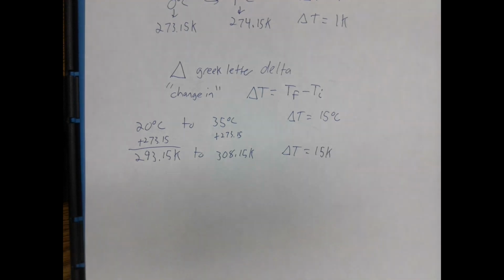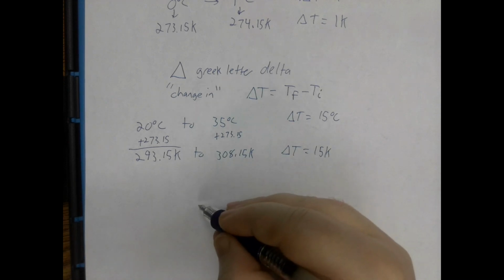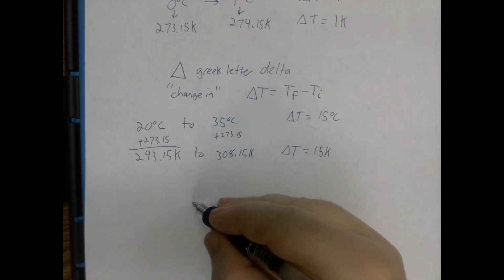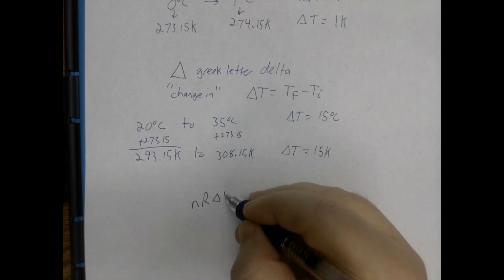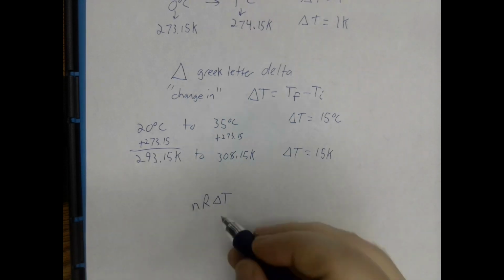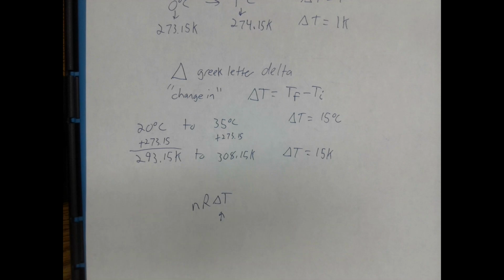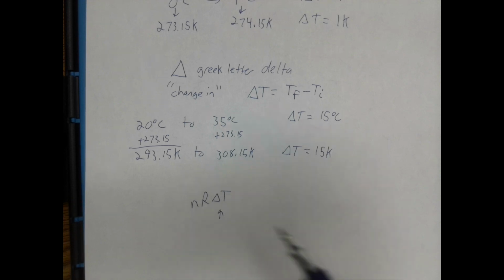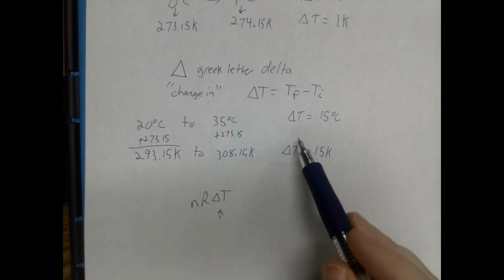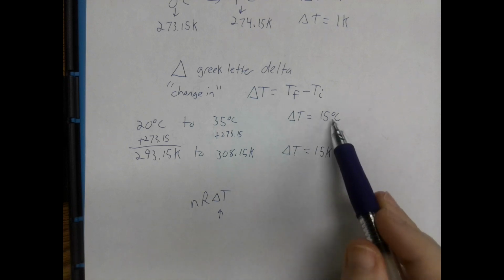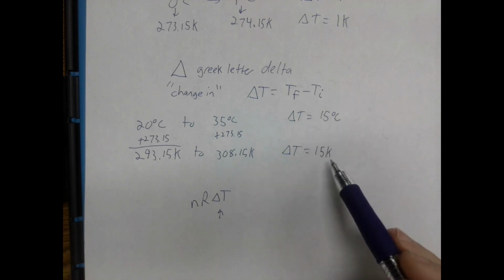Kelvin. The reason why I'm bringing this up is that later, when we start dealing with gas laws, we're going to have an equation that will look something like n R delta T. This is change in temperature. Does temperature need to be in Celsius or Kelvin? Remember that a change in temperature always gives you the same value whether you're in Celsius or Kelvin.